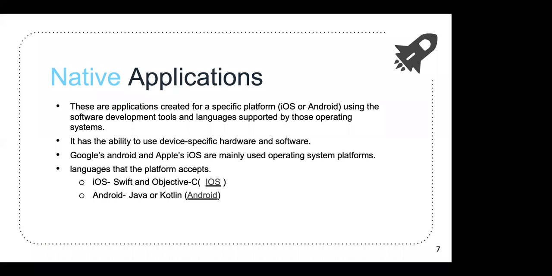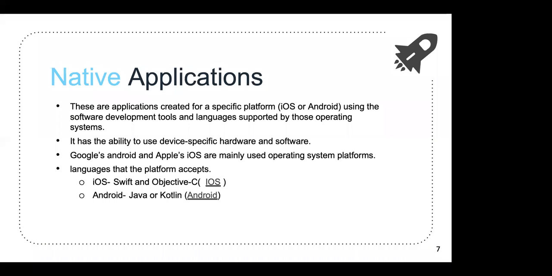So these native applications have the ability to use device-specific hardware and software. This is because native applications are also written in the native language which the operating system uses. As an example, Google owns Android and Apple owns iOS.